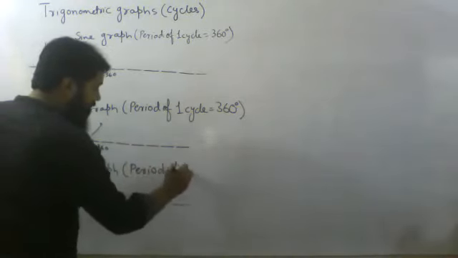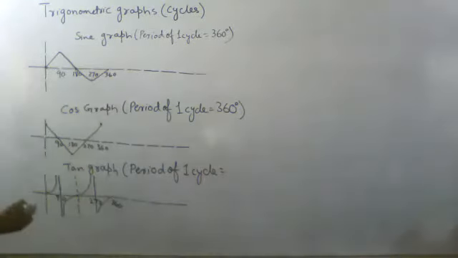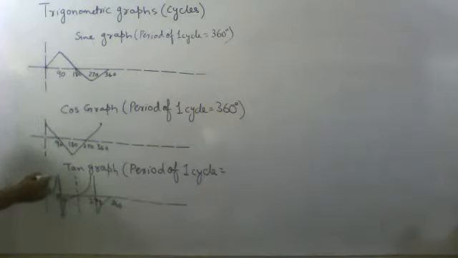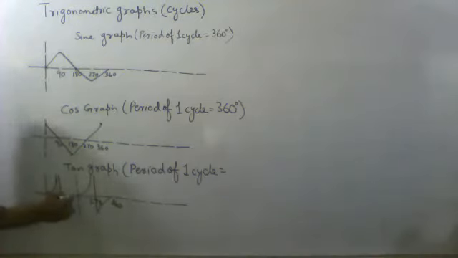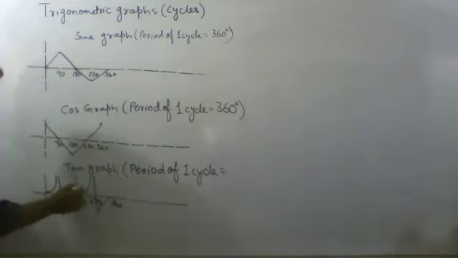period of one cycle, see, it's starting from 0, going upward to positive infinity, coming from negative infinity to 0. This point is 180. After 180, again it is starting from 0 and going toward positive infinity.